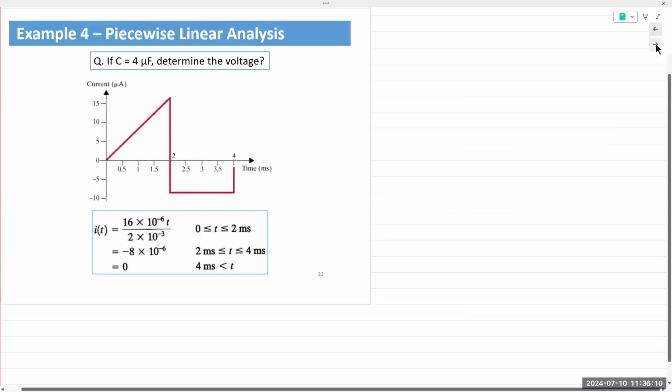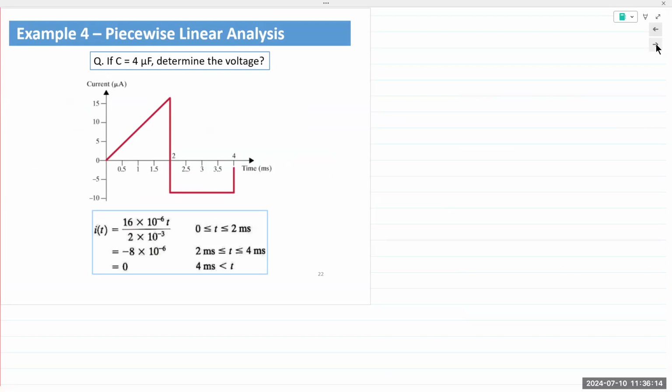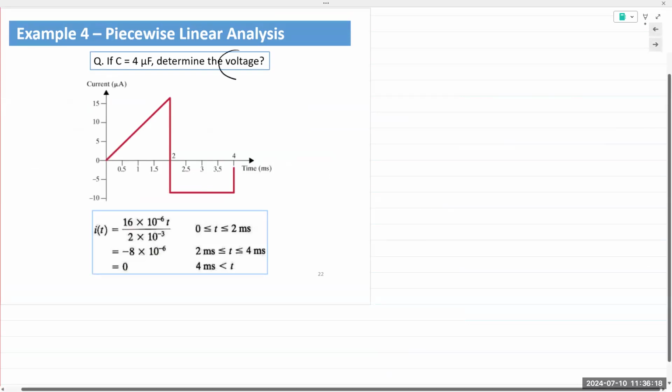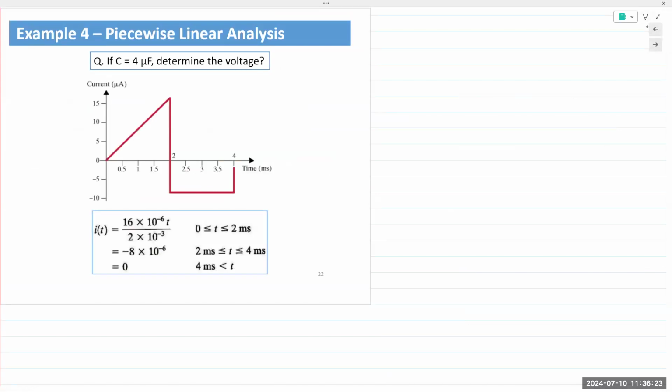Now, here's the thing about the integration that we're going to look at. So this is the flip side. We are given the current and we are asked to find the voltage. So now what do we do?